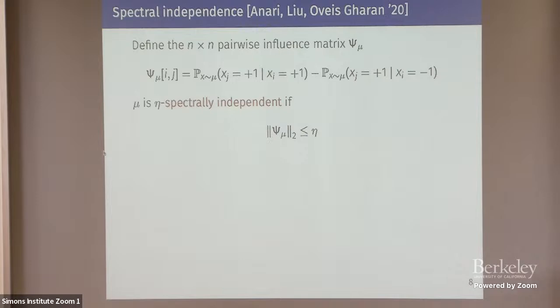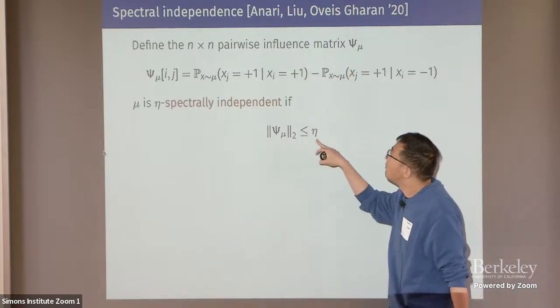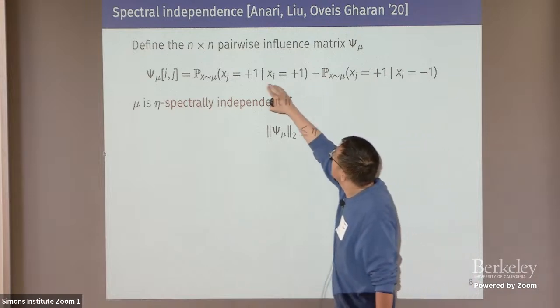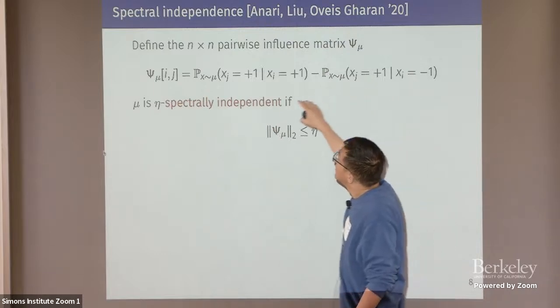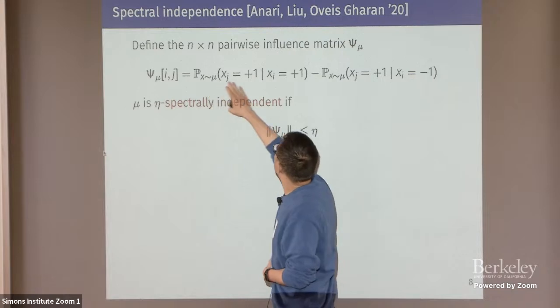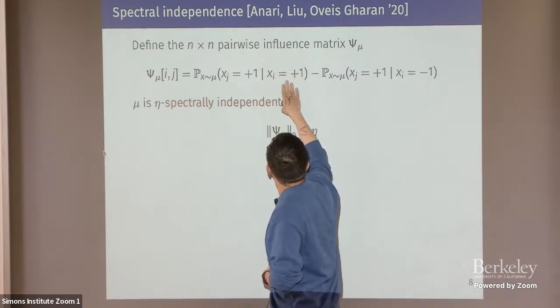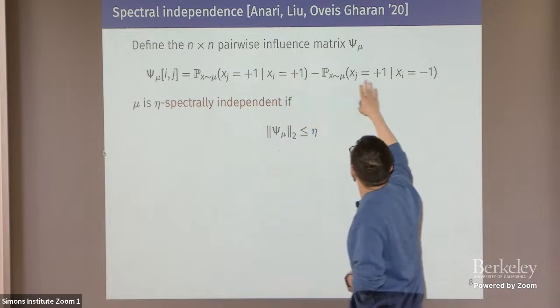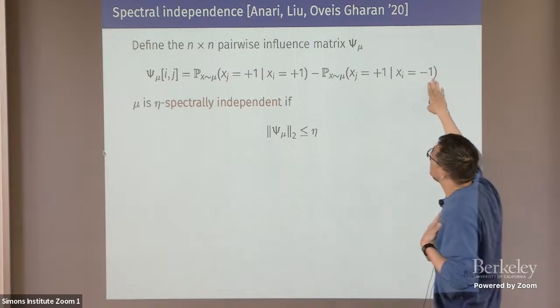A target measure on the Boolean hypercube is called eta spectrally independent if this pairwise influence matrix has operator norm bounded by eta. This pairwise influence matrix is defined coordinate-wise. At each coordinate, the ij entry is the probability of xj equals +1 conditioned on xi equals +1, minus the probability of xj equals +1 conditioned on xi equals -1.